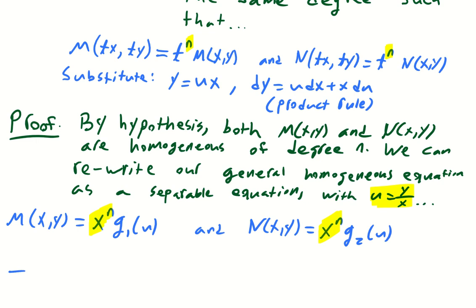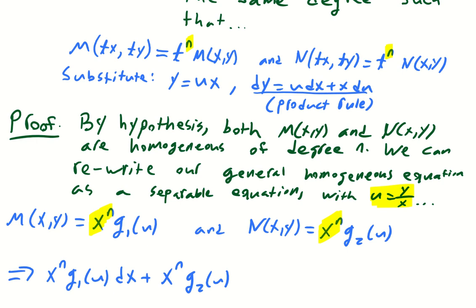And then we can rewrite our general expression for our homogeneous equation as x to the n power times g sub 1 of u dx plus x to the n power times g sub 2 of u. We can't use dy here. Instead we'll use u dx + x du = 0.